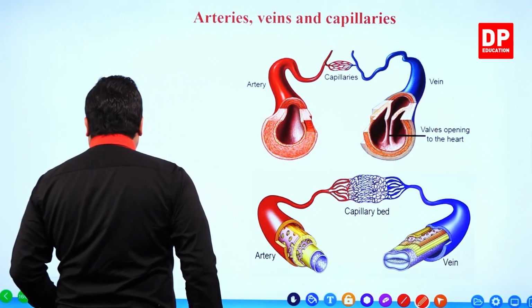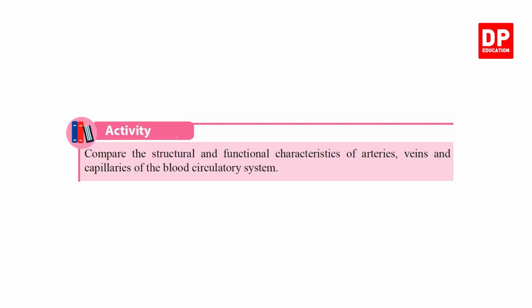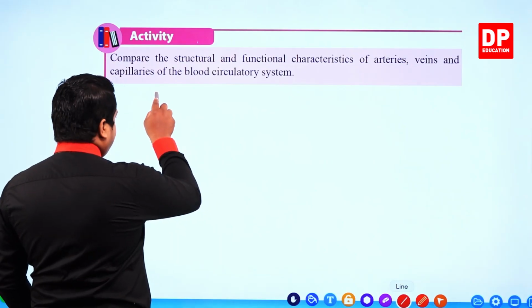In this way, you can observe the structure of the veins and, my dear children, the structure of the arteries. Then you are given a small assignment. What is that? Compare the structural and functional characteristics of arteries, veins and capillaries of the blood circulatory system.